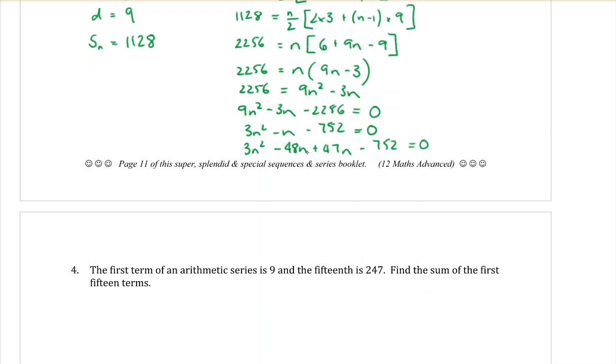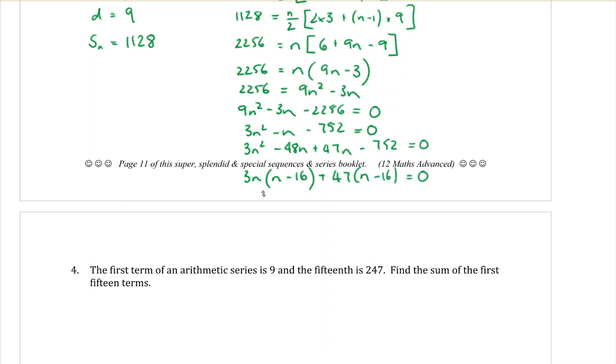So factorizing in pairs, the first two terms, we can bring out a 3 and an n, which will give us n minus 16. 48 divided by 3 is 16, yes? And the third and fourth term, we can bring out a 47, which gives us n minus 16 again.